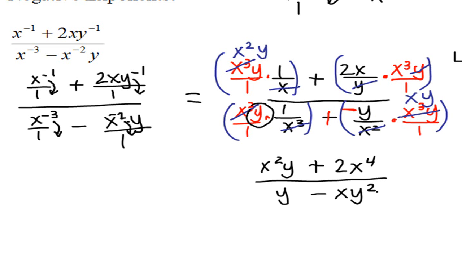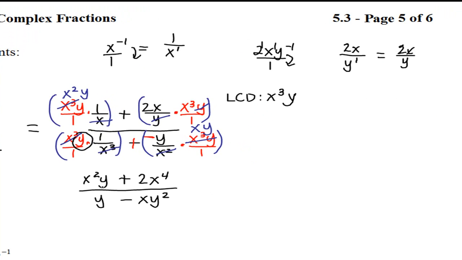Now I want to think about reducing. And for the numerator, I can see that I can factor out an x squared from both terms, and what I'll have left is a y plus 2x squared. Okay, and then looking at the denominator, I see I could factor out a y from both terms, and I would have left a 1 minus xy.